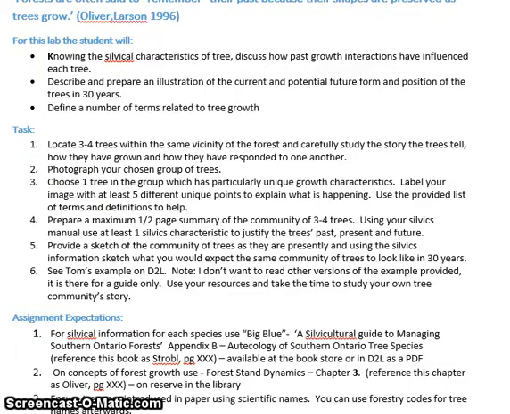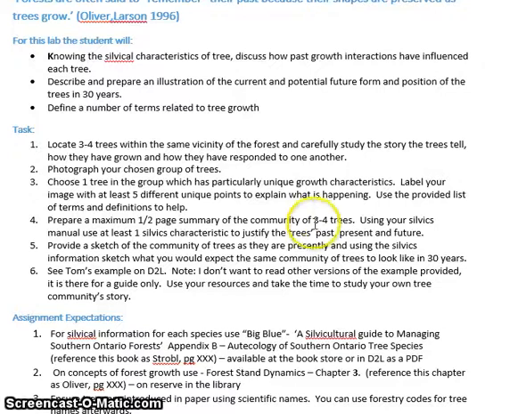So I want that, and then I want to have a half-page summary afterwards going back to that community of trees. In the half-page summary, I would like you to use your Sylvics manual and use as an addition Forest Stand Dynamics. It's a book on reserve in the library under my name, and it's a very good source to go through the real ins and outs of tree interactions and tree architecture, okay?